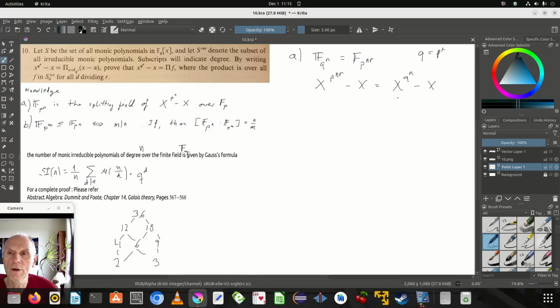And that's with coefficients in F_p. Then the coefficients must be in Fq. But it's a monic polynomial, and the coefficient -1 lies in Fq as well. Need to do all the details.